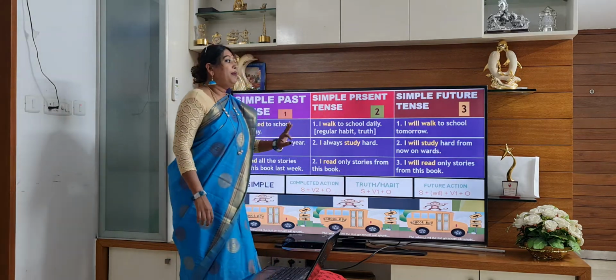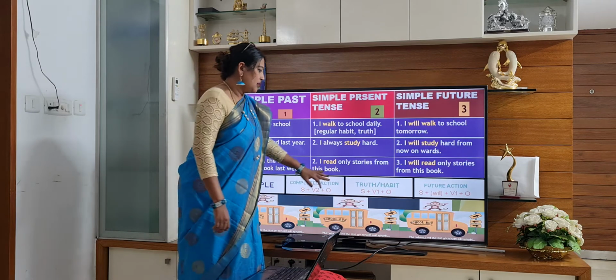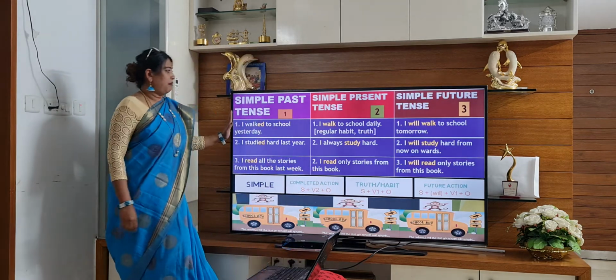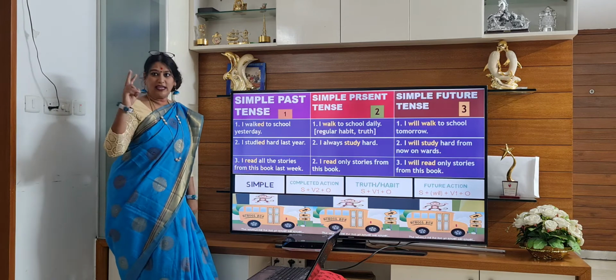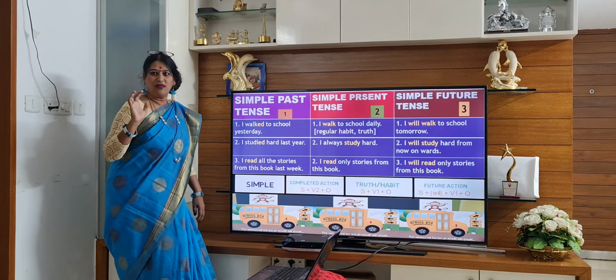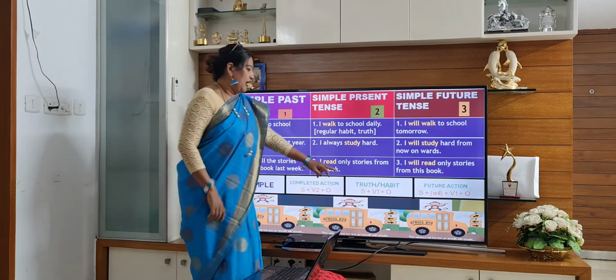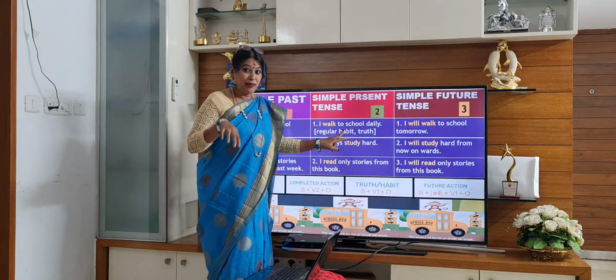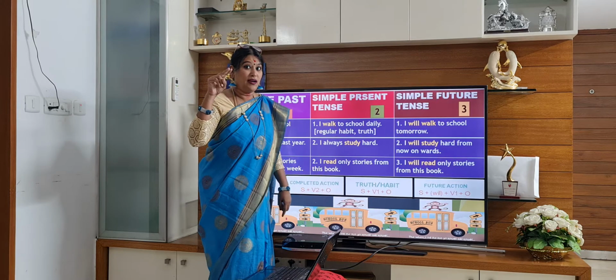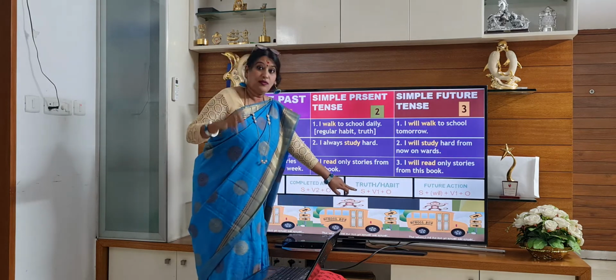Now, simple future tense. See dear, in simple past tense, the word's second form, then head and body have to attach. And in simple present tense, the word's first form will come.